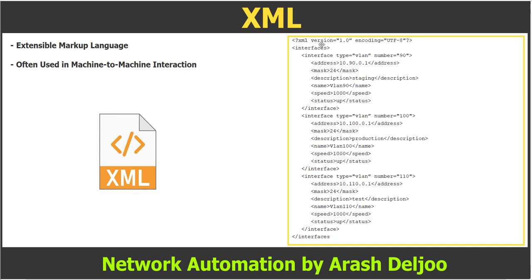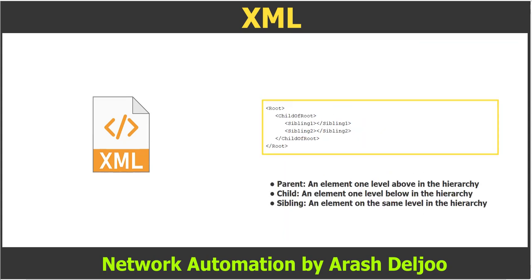The first line indicates the XML version and data encoding being used. The XML version here is 1.0, and the encoding is UTF-8. Encoding is the process of converting characters to their binary equivalent, in this case UTF-8.